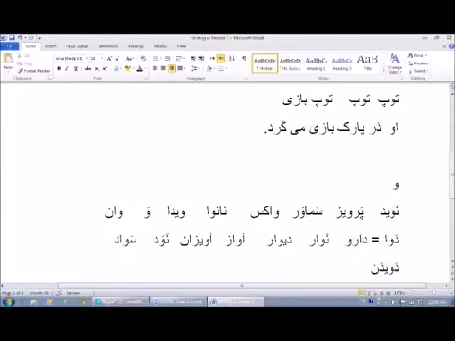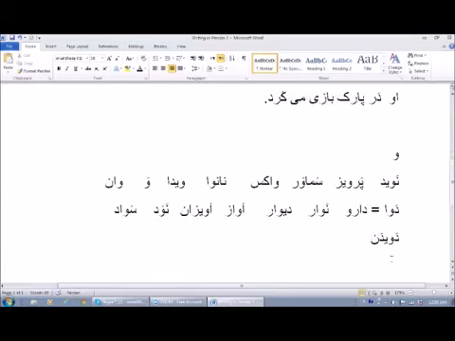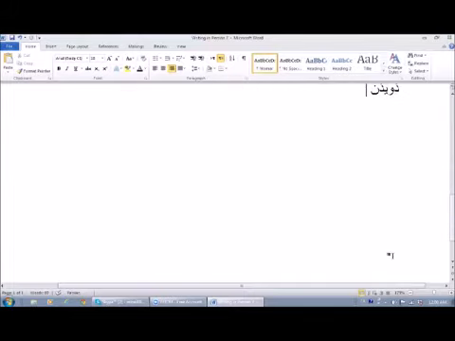This one is at the beginning of the syllable. Navar, divar, avaz, avizon, navad, savad, davidan. Davidan means to run. Okay, that was the end of lesson 7.